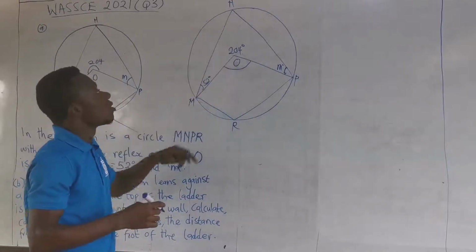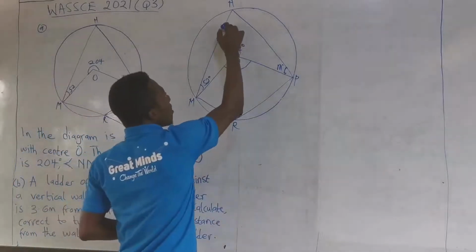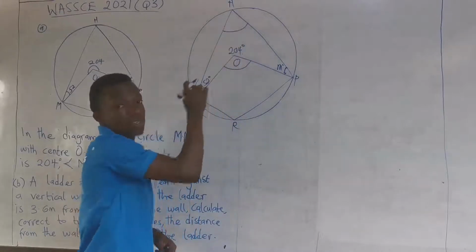We realize that one of the properties tells us that twice the angle at the circumference gives the angle at the center.